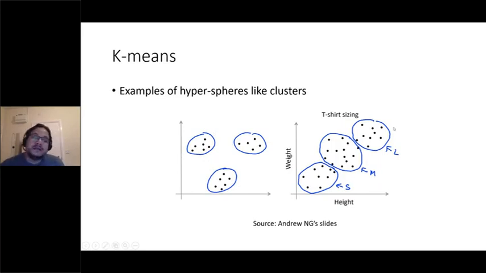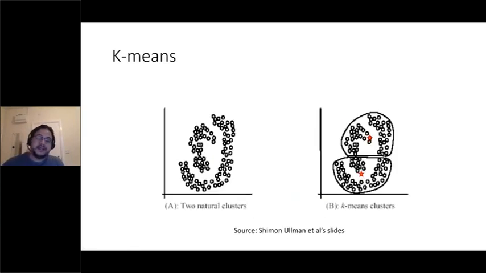But many problems don't have this kind of pattern, like this one. We have, for example, these data points. When we run k-means here, what happens? It clusters it like this, because the clusters will always look like a sphere, like here and here.